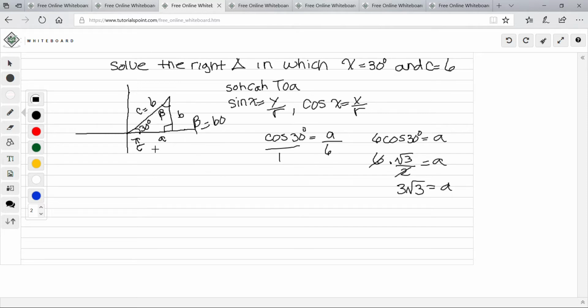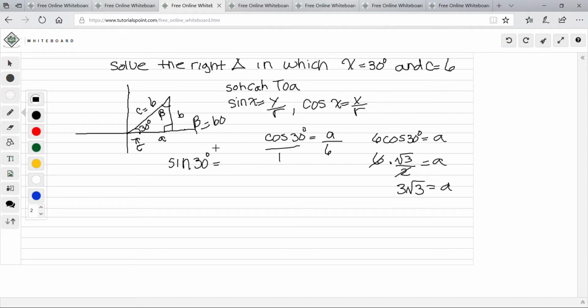How do we find B? You could do the Pythagorean theorem, right? Or you could do sine of 30 degrees. Sine of 30 equals y over radius.